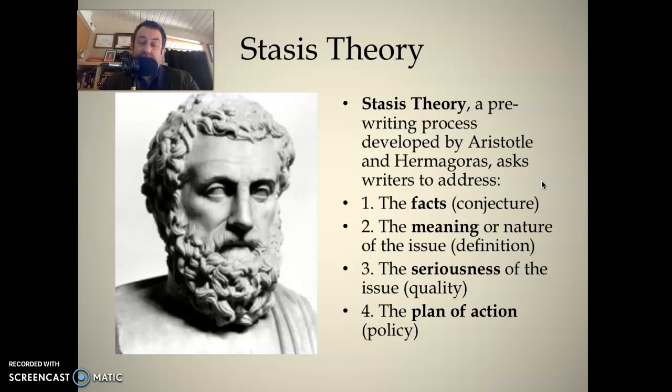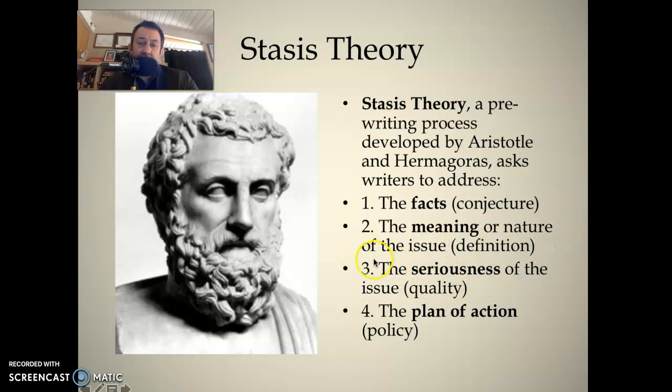I usually find these useful when you're proposing a certain thing, or it would be useful in an argument as well. Seriousness, the plan. It affects your paper in different ways, knowing this stuff. But I suppose you might use the facts and the meaning or nature of the issue. Some of that may help determine the course of your introduction.